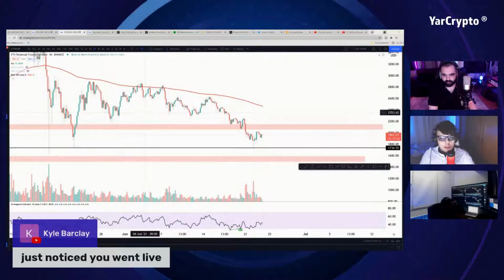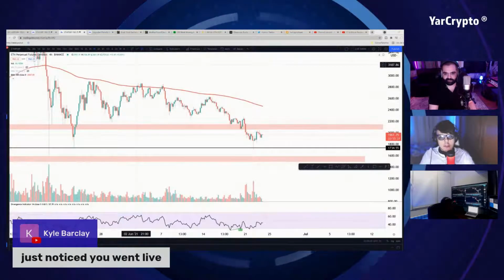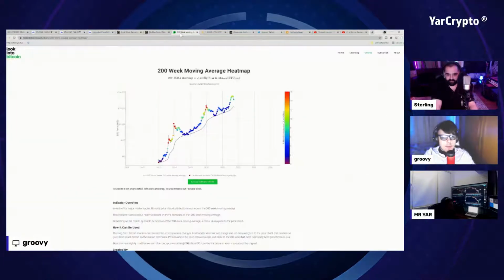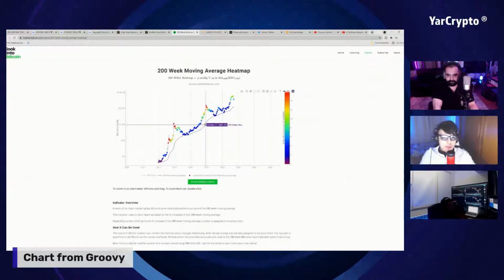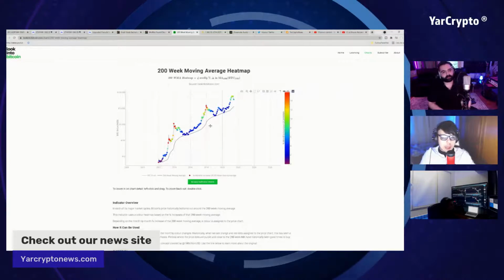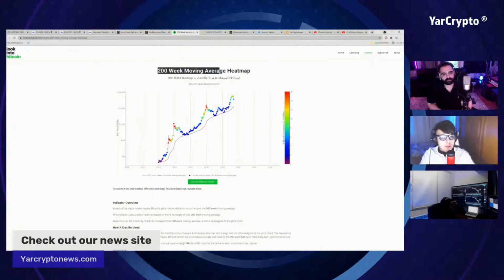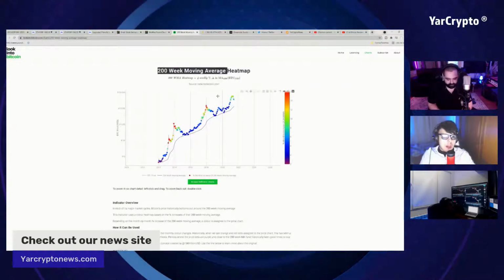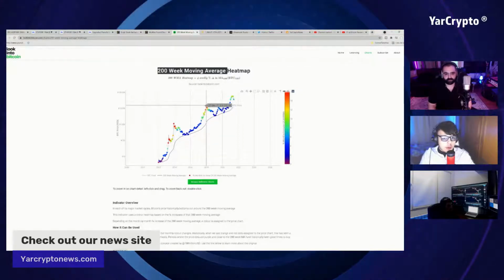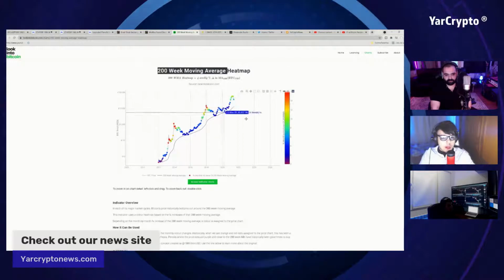And talking about the 200 EMA, I have an interesting thing here that I saw on Twitter today, and this has been present for a long time on BTC, and it's the 200-week moving average heat map. So this basically followed all the market tops. You see here the market from 2014 and then 2018 as well, the top from that bull market.